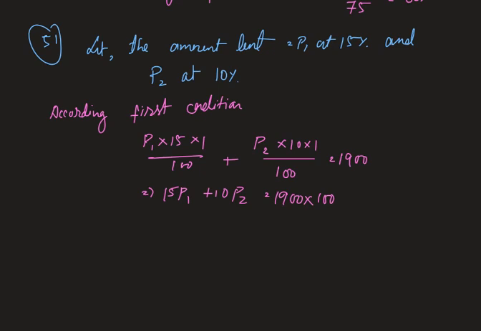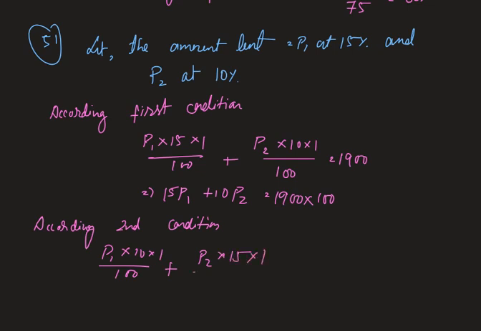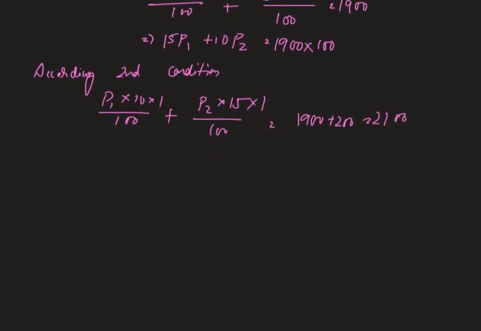According to the second condition, we have P1 multiplied by 10 into 1 divided by 100 plus P2 into 15 into 1 divided by 100 is equal to 1900 plus 200, which results in 2100.